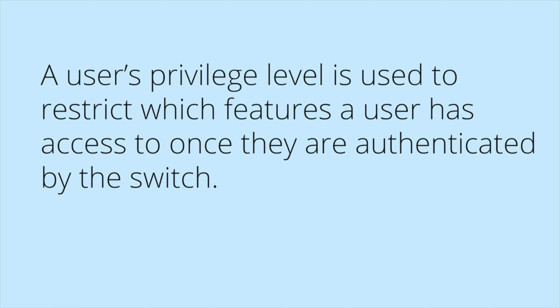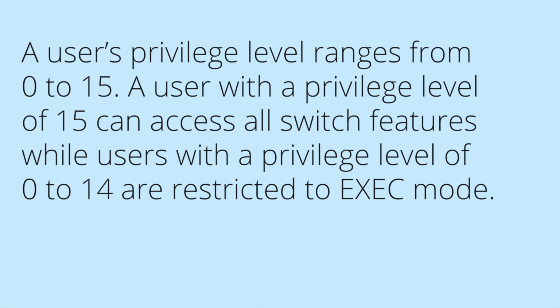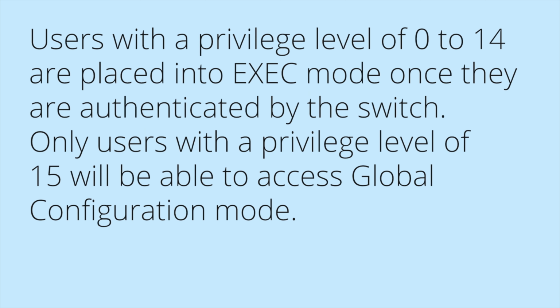A user's privilege level is used to restrict which features a user has access to once they are authenticated by the switch. A user's privilege level ranges from 0 to 15. A user with a privilege level of 15 can access all switch features, while users with a privilege level of 0 to 14 are restricted to exec mode.